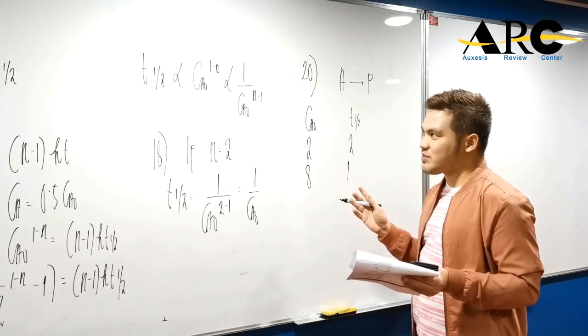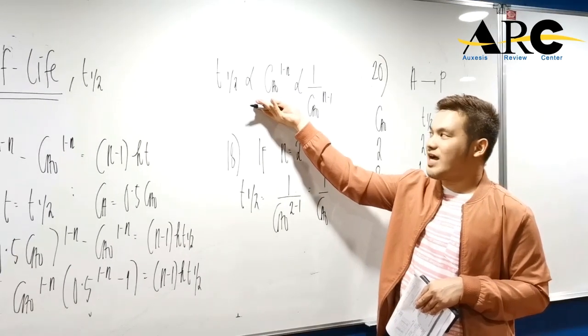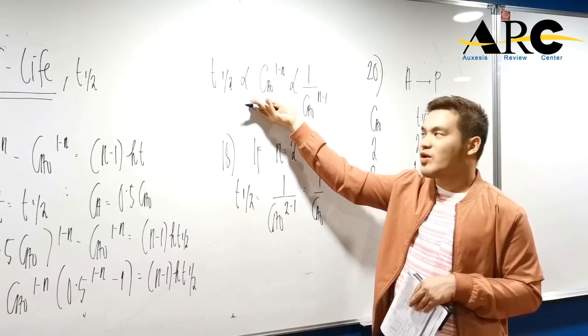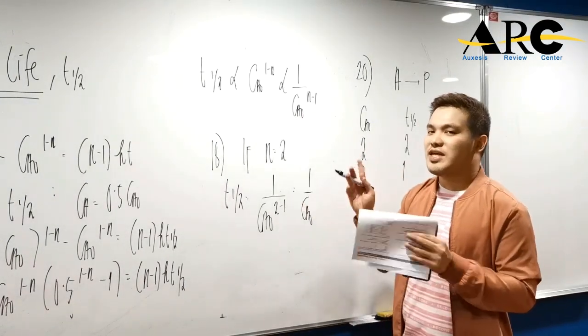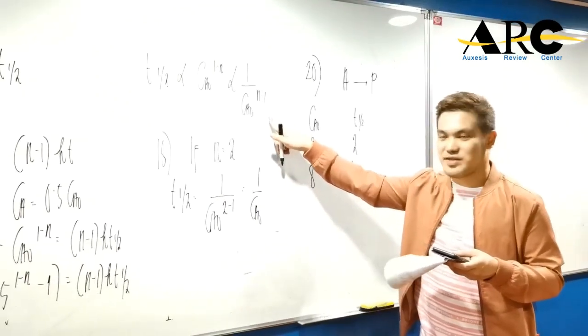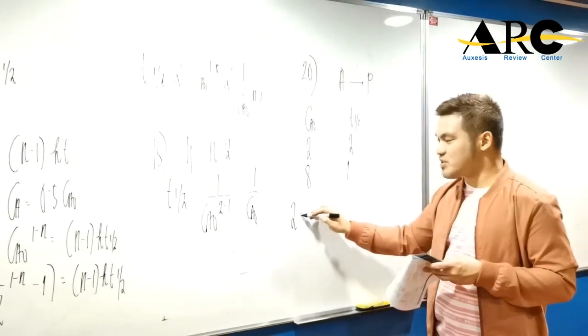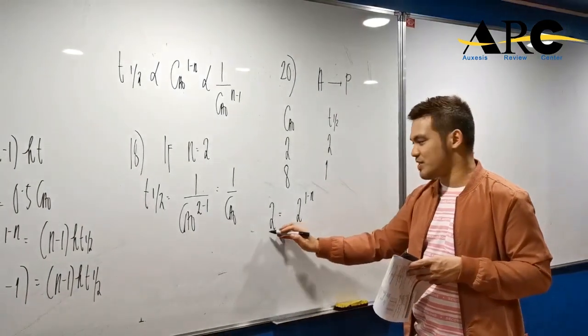So, how do we solve this? We have the formula we derived earlier, that half-life is proportional to the initial concentration raised to 1 minus n. Let's substitute into this equation. If half-life is 2, we have initial concentration of 2 raised to 1 minus n.